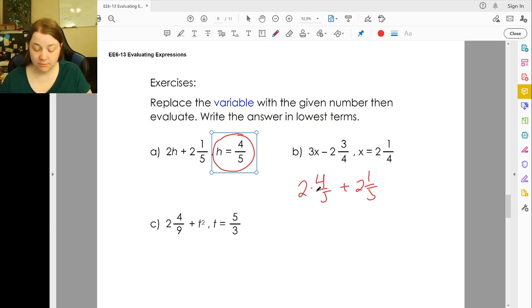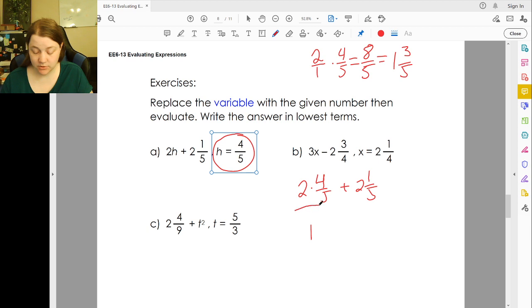So I'm going to multiply 2 times 4/5. 2 over 1 times 4 over 5. 2 times 4 is 8. 1 times 5 is 5. 8 over 5 is the same as 1 3/5.